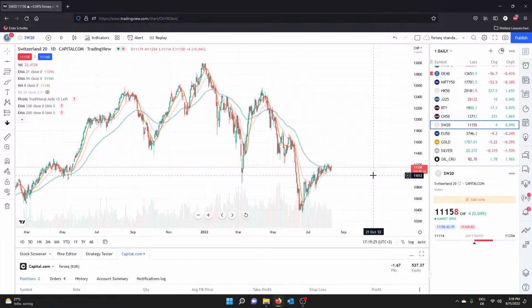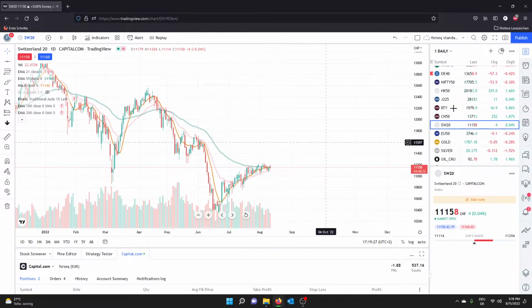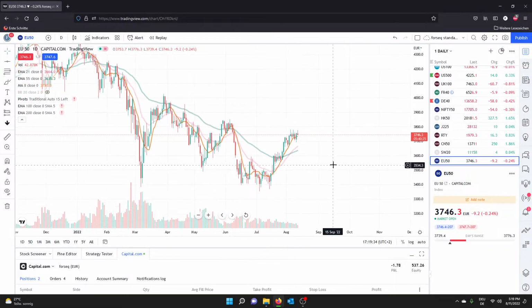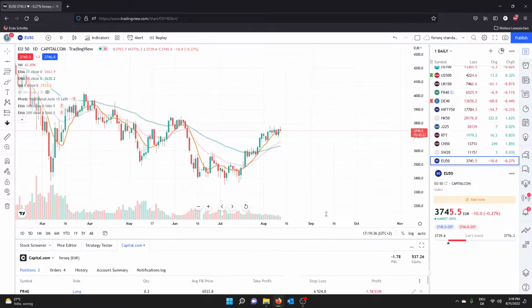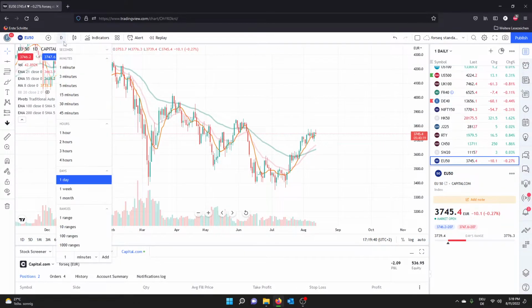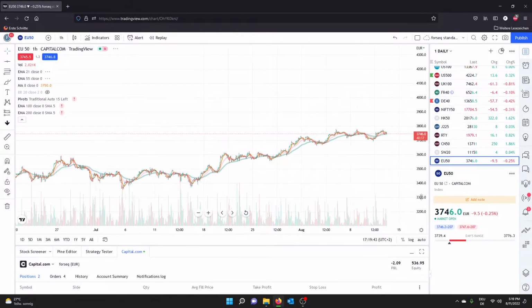Switzerland, yeah, I don't really like it. EU 50, I think this could be a nice trade on a daily basis. Maybe we can look at the hour.